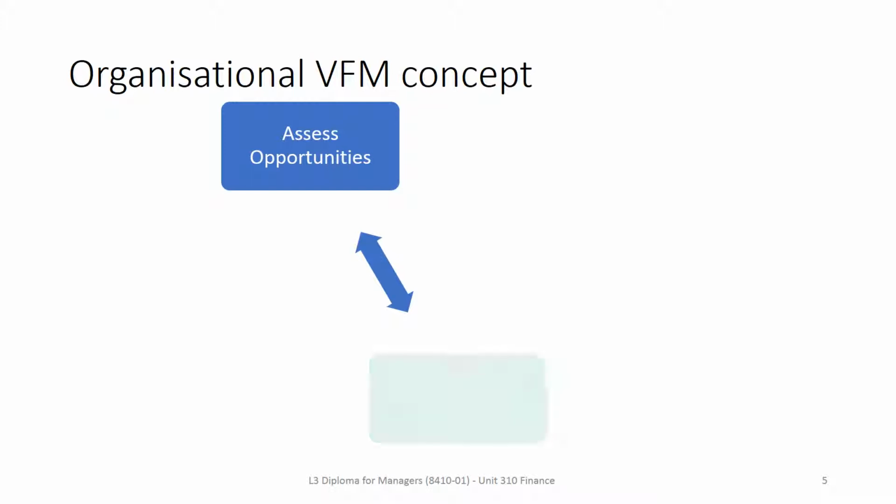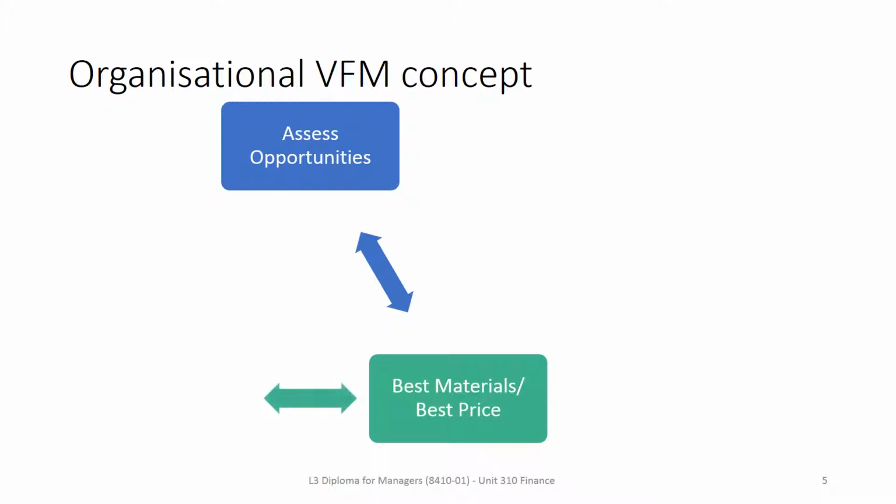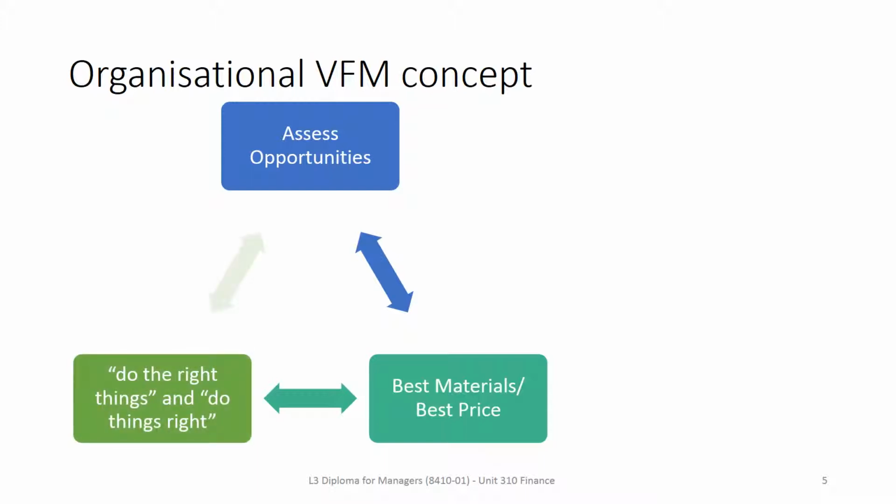You should be continually looking at the best value for money in sourcing materials, the best materials at the best price, and always looking for ways to make the services offered or the process of producing products more efficient and effective. And finally, you should be promoting a culture of do the right things and do things right, helping to ensure that services that are delivered or products that are produced are done efficiently, effectively, and economically.